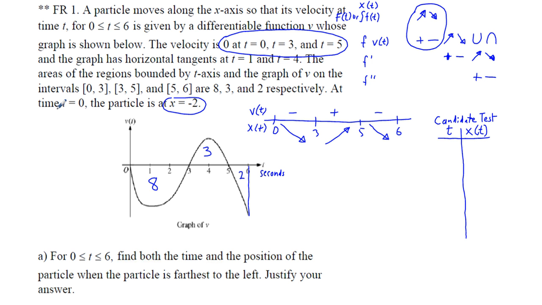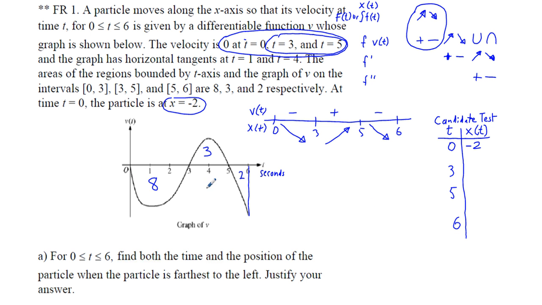At time t equals 0, the particle is at -2. Our other endpoint, 6, is a candidate, and our critical numbers between 0 and 6 are 0, 3, and 5. So I'm going to place 3 and 5 here as well.